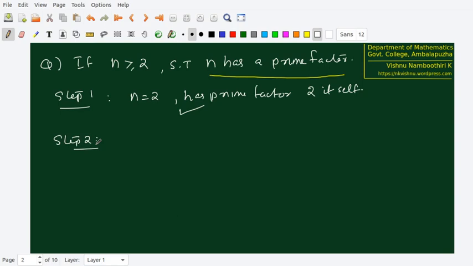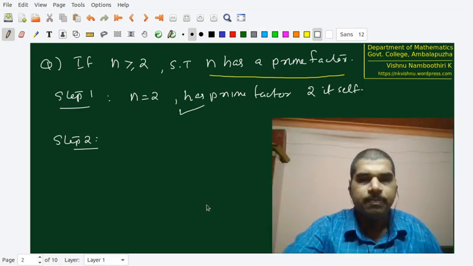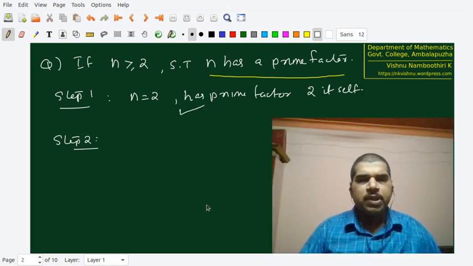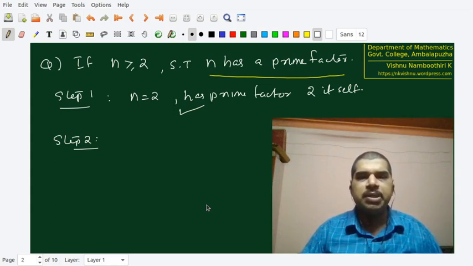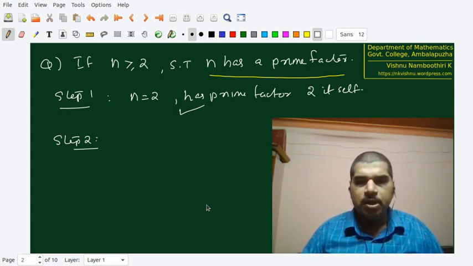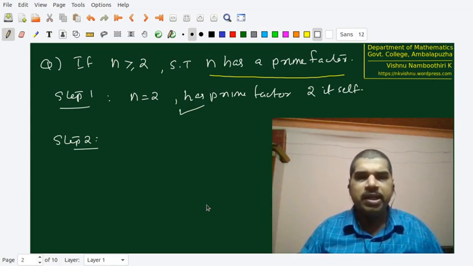Now, what about strong induction? In the case of strong induction, the situation is slightly different. As in ordinary induction, in the beginning we show that the statement is true for an initial number. For example, suppose that for n equal to 1, we show that the statement is true. But the next step is slightly different.